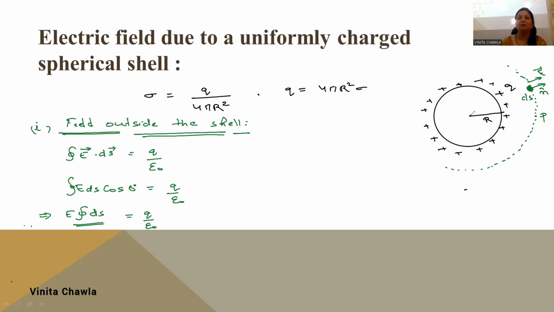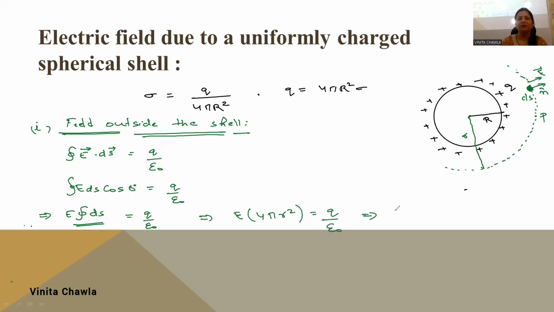So let's take the distance from the center to the surface as small r. Now tell me the area of the Gaussian surface. It's 4 pi small r square. E into 4 pi small r square is equal to q by epsilon naught.